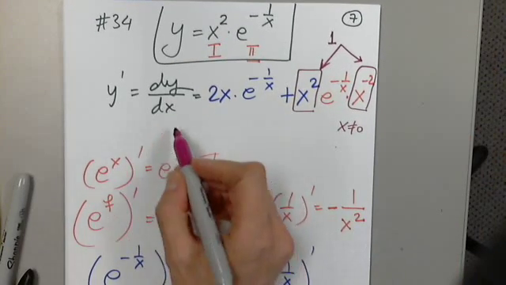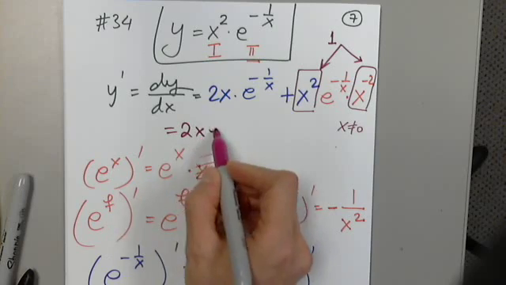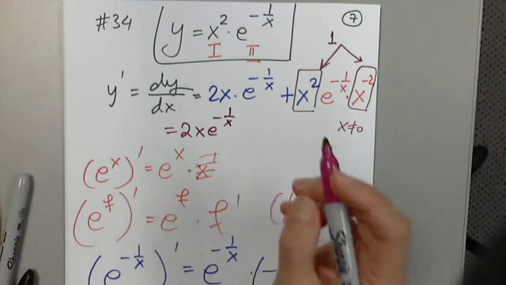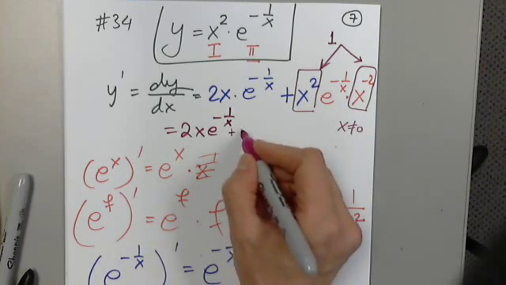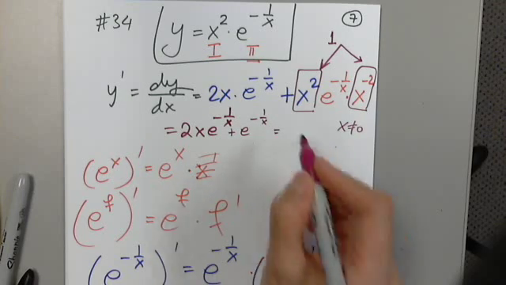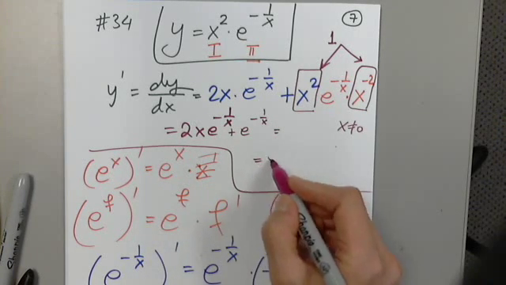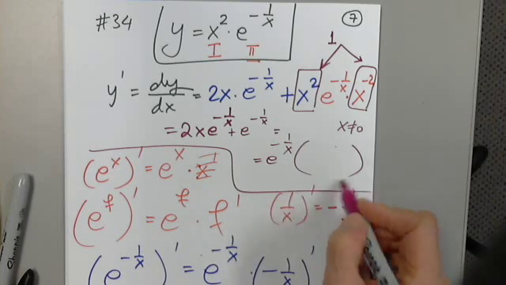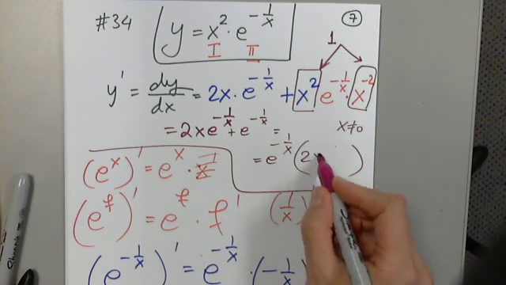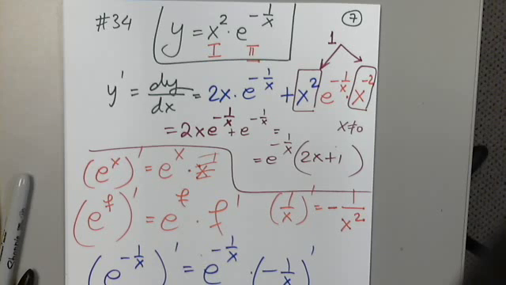Perfect. So now I have 2x e to negative 1 over x plus e to negative 1 over x. What would you factor out? What is left in parentheses? And it happens that in chapter 4, we're going to set this equal to 0.